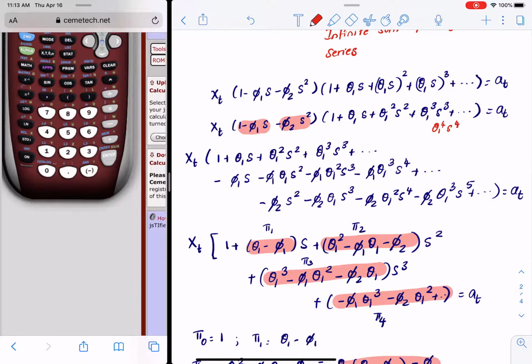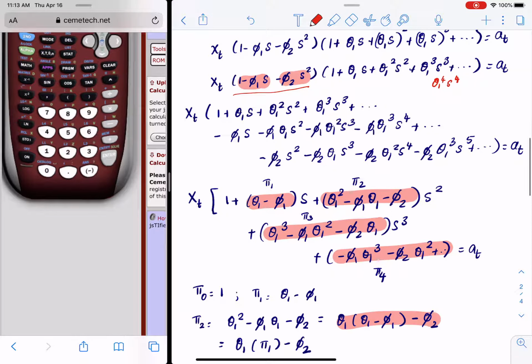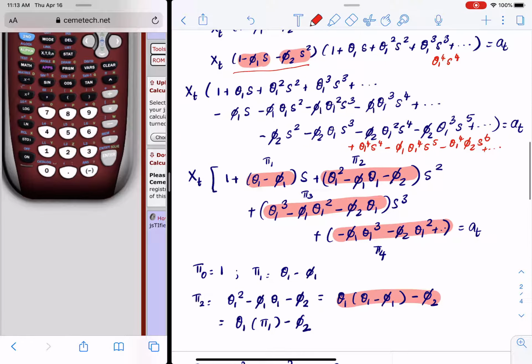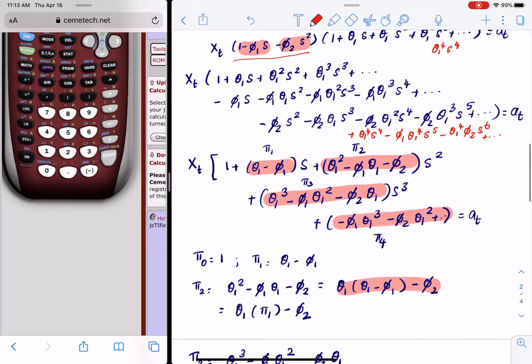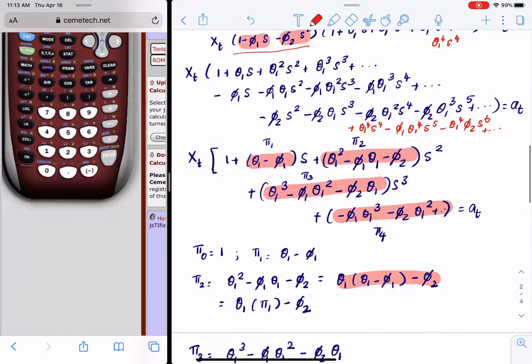And when I distribute that theta 1 s raised 4 with that term, I would end up getting theta 1 raised 4 s raised 4 minus phi 1 theta 1 raised 4 s raised 5 minus theta 1 raised 4 phi 2 s raised 6, and so on. Now you may say, well, why is he doing this? I just want to go one more step in terms of s raised 4.